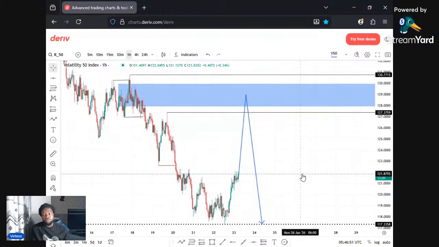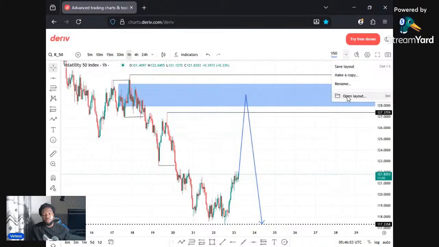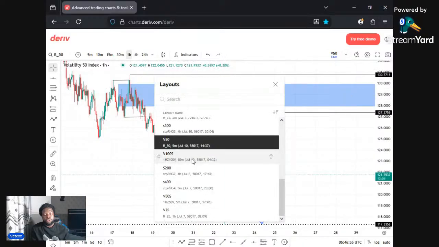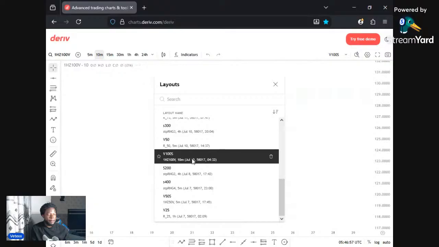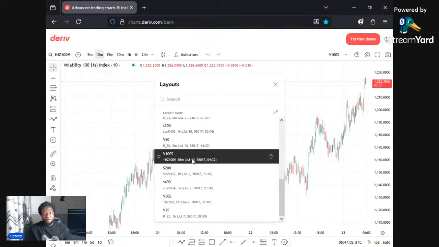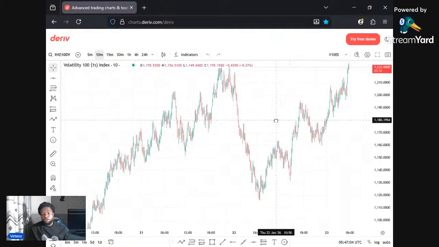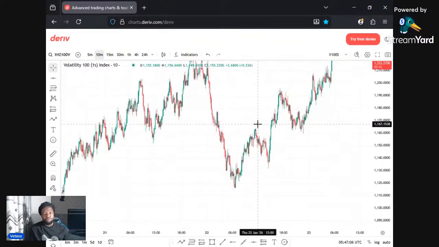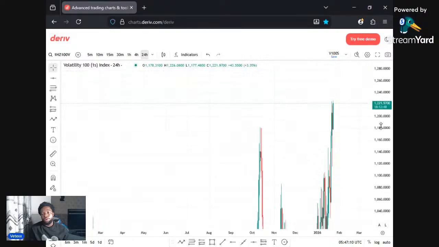Moving on to the next on our list, which is V100S. On V100S, what do we have? Starting from the 24-hour time frame, V100S is bullish.